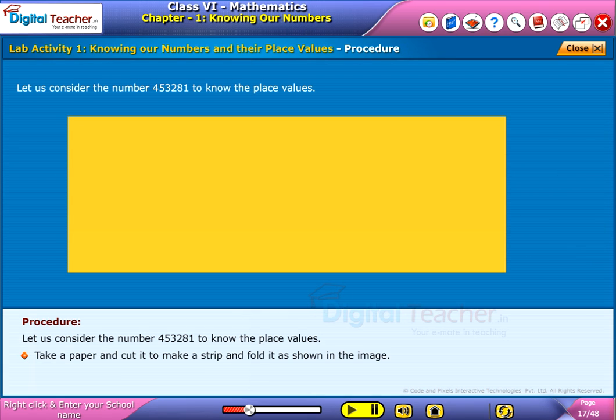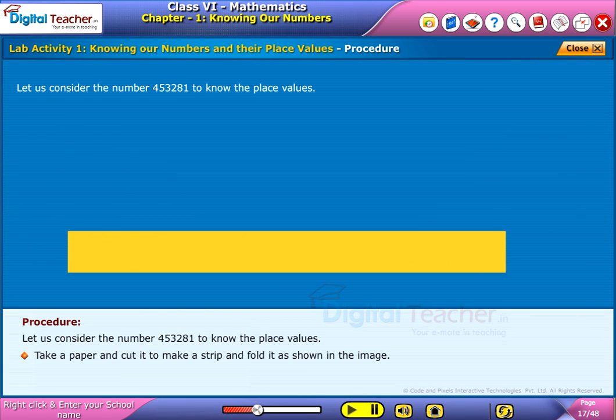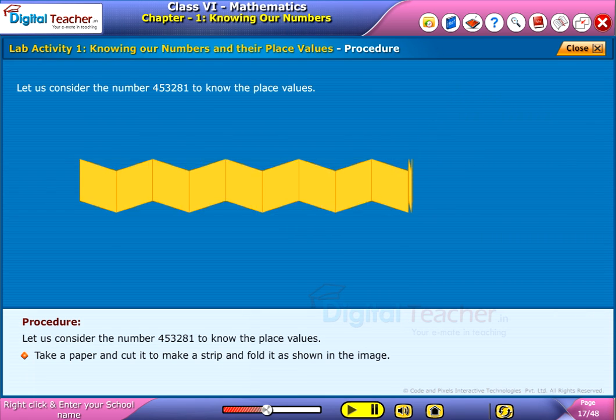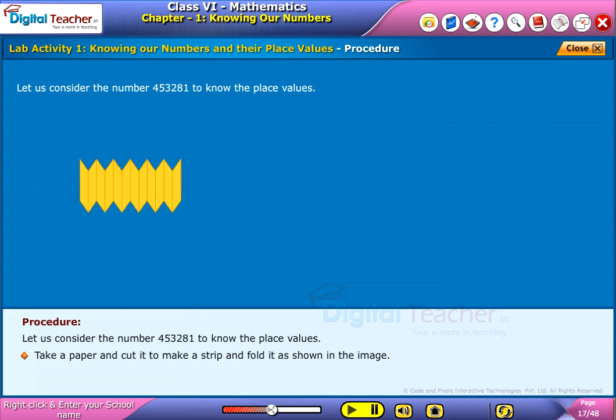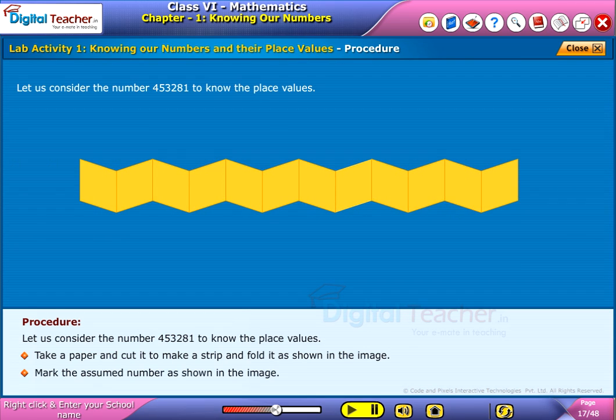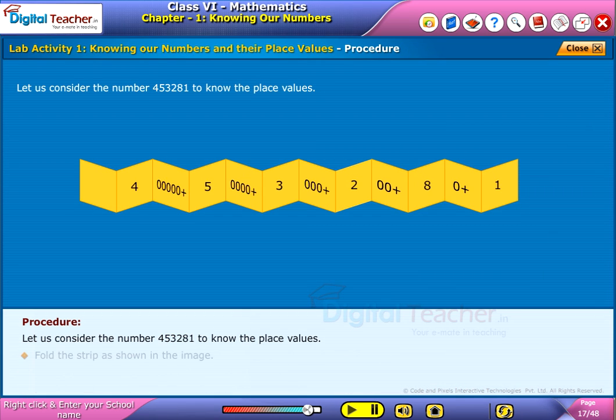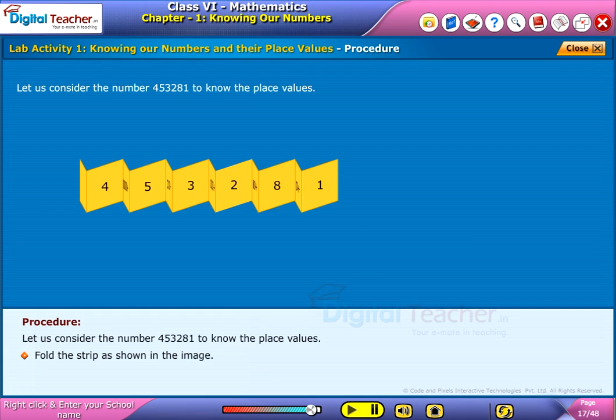Take a paper and cut it to make a strip and fold it as shown in the image. Mark the assumed number as shown in the image. Now, write zeros and plus on the hidden sides of the strip, which represent the place values. Fold the strip as shown in the image.